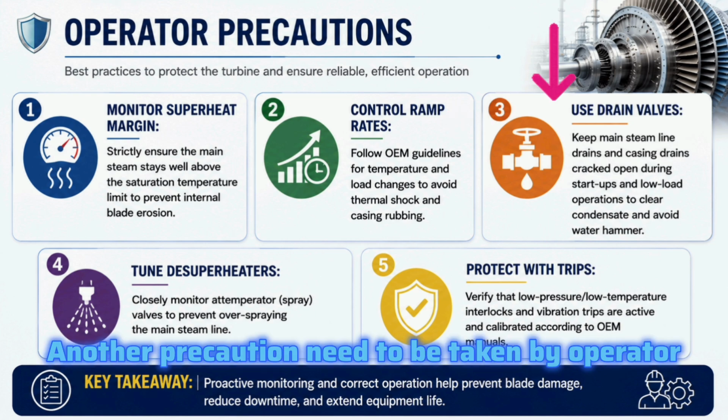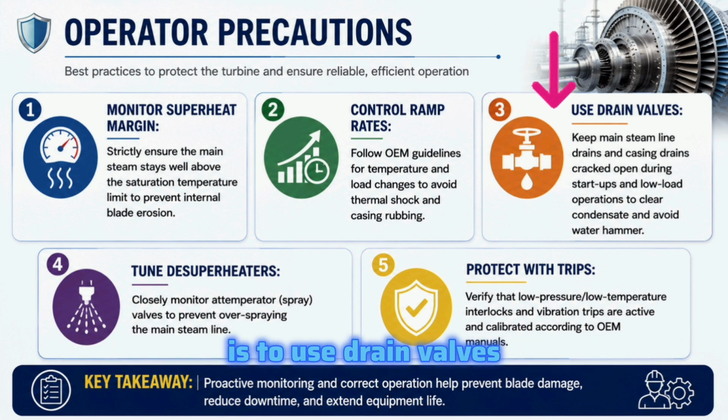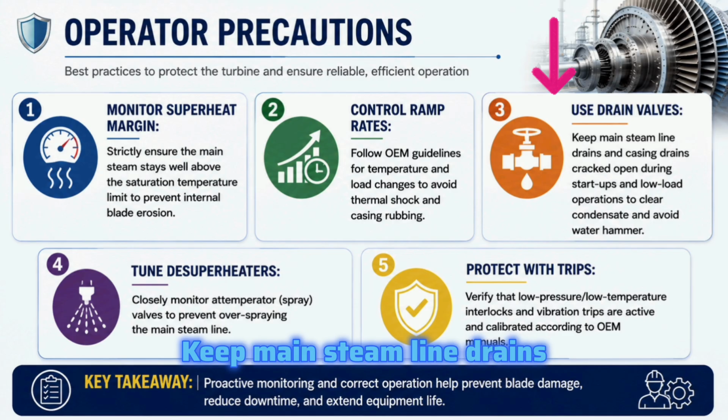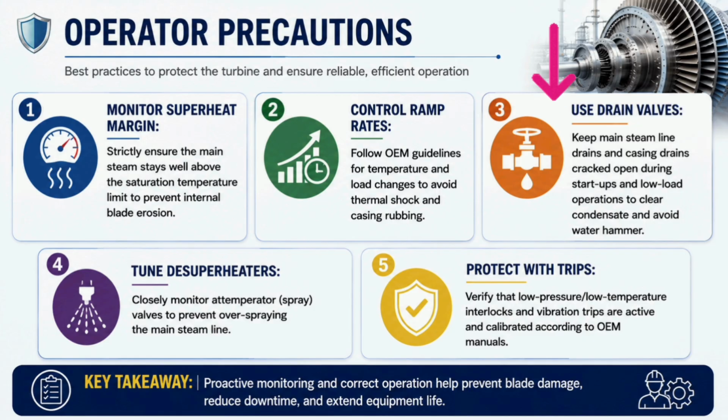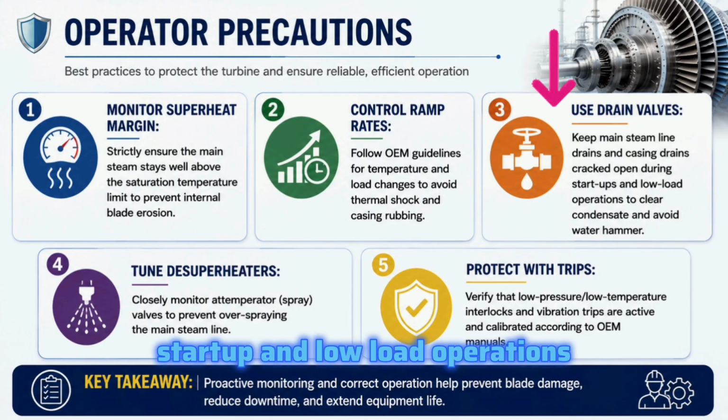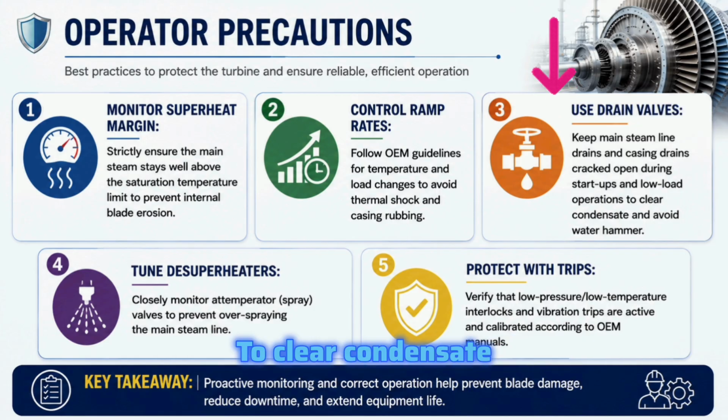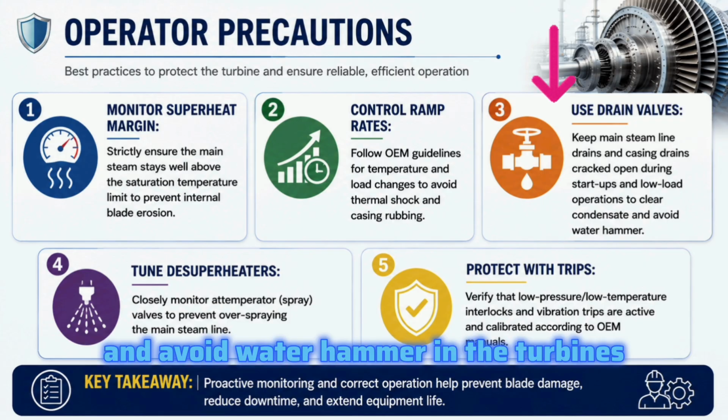Another precaution to be taken by the operator is to use drain valves. Keep main steam line drains and casing drains cracked open during turbine startup and low load operations to clear condensate and avoid water hammer in the turbine.